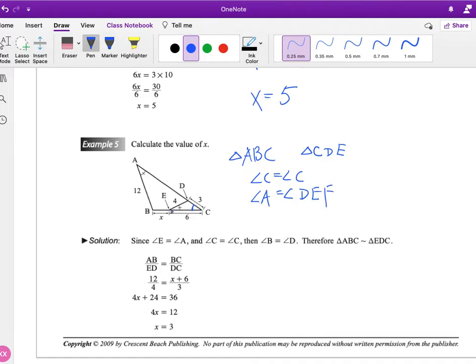When you look at the angle, the vertex is always the middle letter, the letter in the middle. So then of course the third angle must be the same, because two angles are already the same, and then the third angle must be the same.